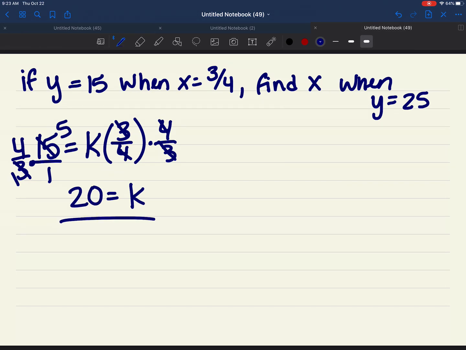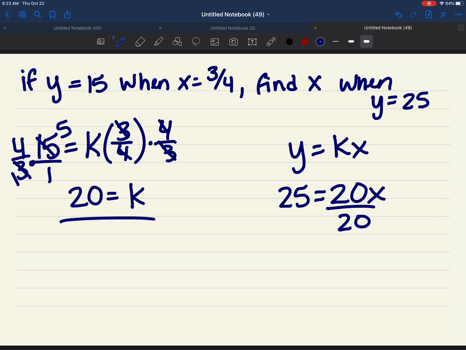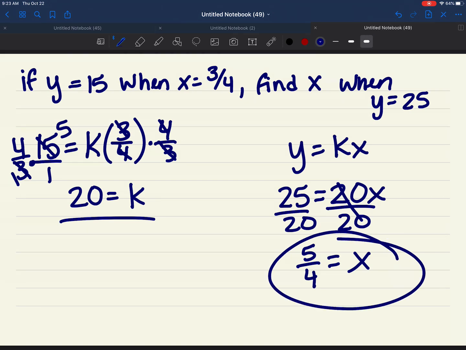So k would be equal to 20. All right. And then y equals kx, so 25 equals 20 times x. Good. And divide by 20. So x would be equal to 5/4. Perfect.